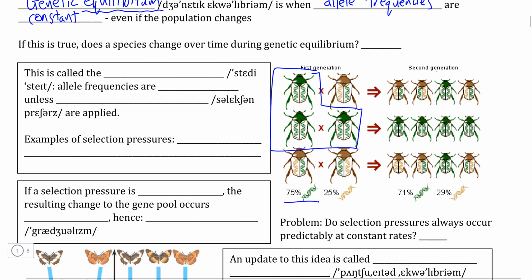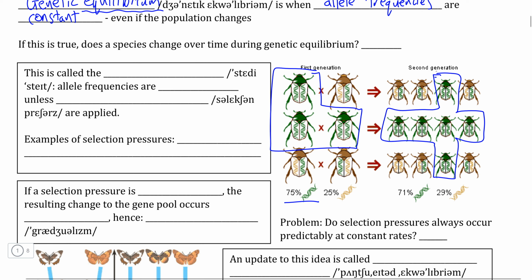And then if we look at the next generation down the line, we can see that we don't have 6 beetles anymore, we actually have doubled our population for a total of 12, and of those 12 beetles, 6 out of 12 is homozygous for green, meaning that this allele frequency remains basically identical.